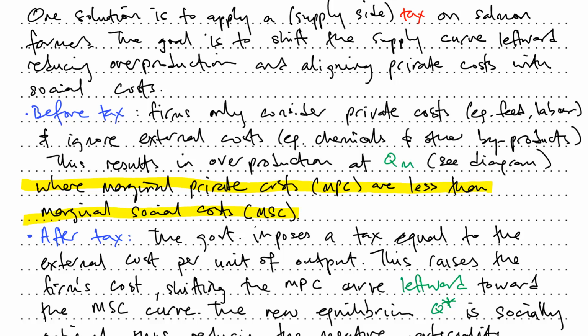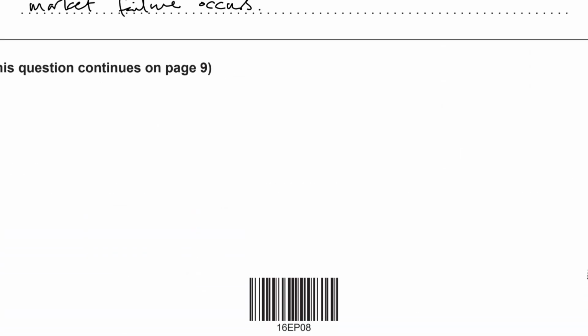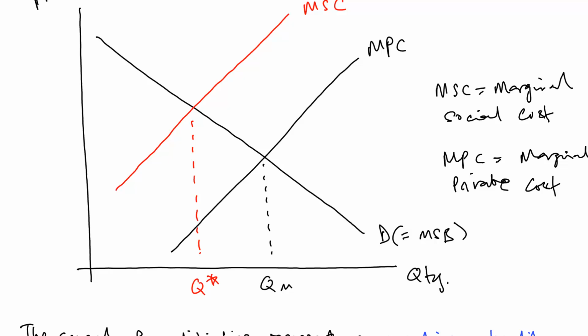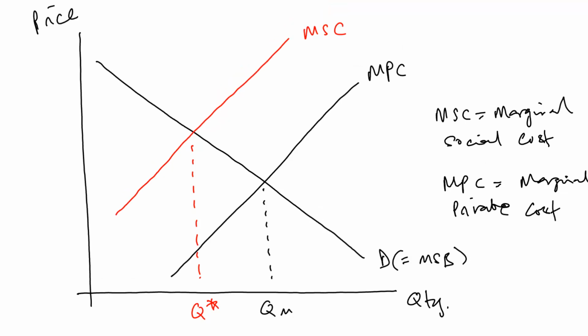So that's explaining the first bit, where we're saying that if you ignore this market failure, then firms are going to be producing at the point where MSC equals MSB, or demand, and that's going to be over here, and we're going to end up producing QM, which is overproduction.